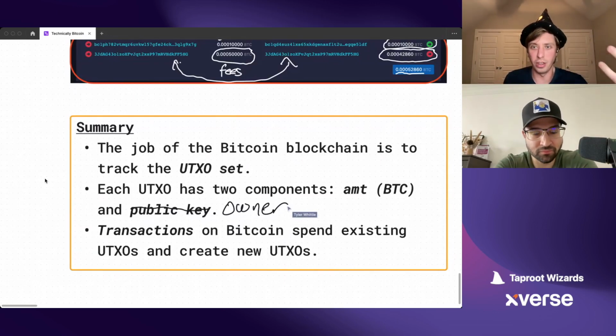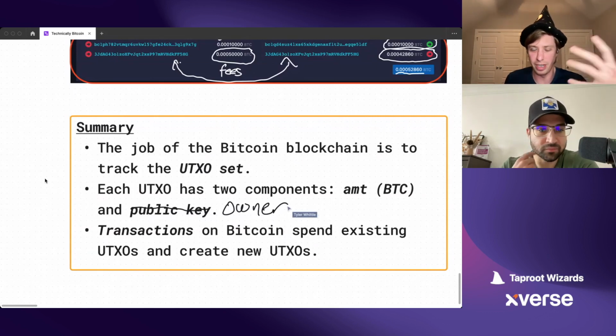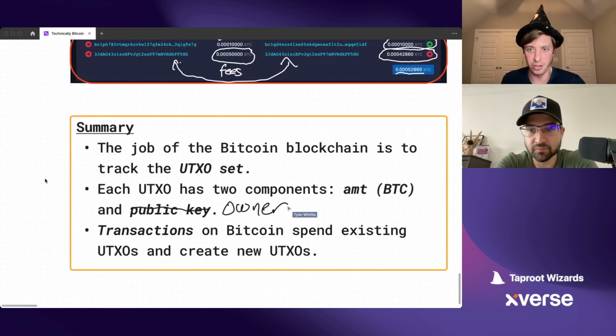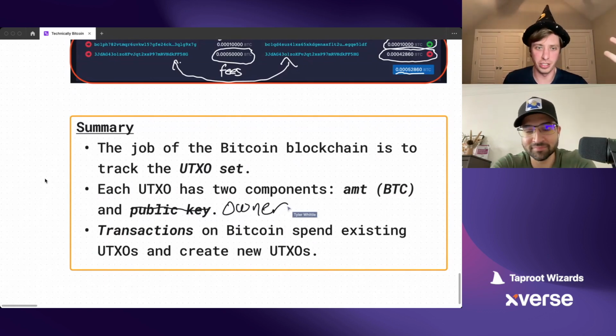And what the nodes are doing is they are validating that transactions on Bitcoin spend existing UTXOs and create new UTXOs in valid ways. So just making sure that, Jan, if you're spending Bitcoin, you're the one allowed to spend Bitcoin. If I'm spending the Bitcoin, I'm the one allowed to spend the Bitcoin. If there's a multi-sig, 2 of 3 of us have to sign. And so as those transactions occur, they're constantly creating new UTXOs and spending the old ones.